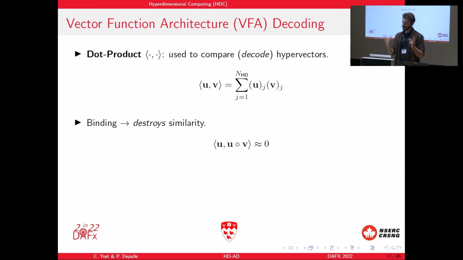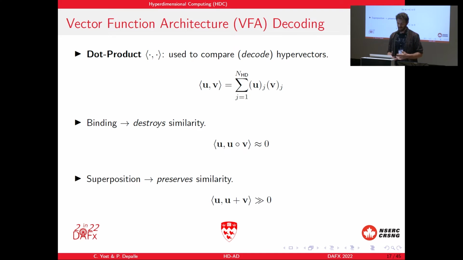So if you take two hypervectors and bind them and compare that to either of the original vectors, it has a dot product of almost 0. And the opposite is true for superposition, where the dot product between the sum is very high when compared to either of the constituents.